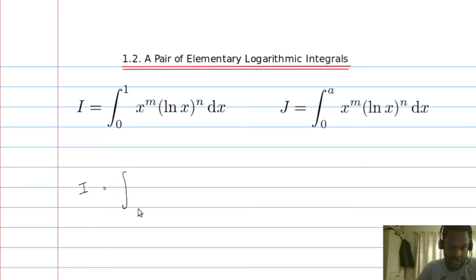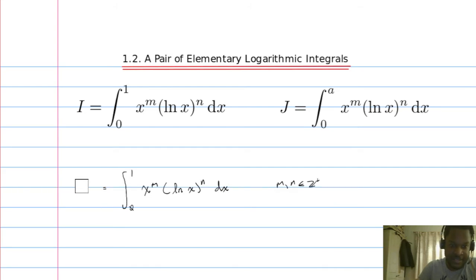The integral from 0 to 1 of x to the m times the natural logarithm of x to the n dx. Now, I think you can see here we have two integers, m and n, so we're going to write m, n are positive integers, which maybe I should have specified before.